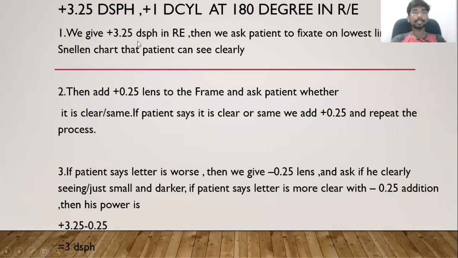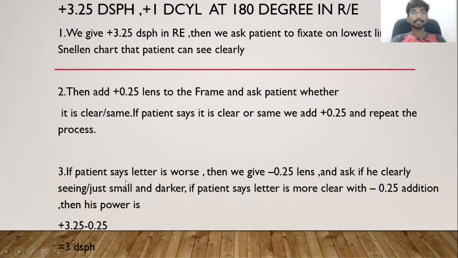So in the right eye, we give plus 3.25 diopter sphere. Then we ask the patient to fixate on the lowest line of letters on the Snellen's chart that the patient can clearly see. To this plus 3.25 diopter sphere in the right eye, we add a plus 0.25 lens. Then we ask the patient whether it is clear or same. If the patient says it is clear or same, we add another plus 0.25 diopter sphere and repeat the process.